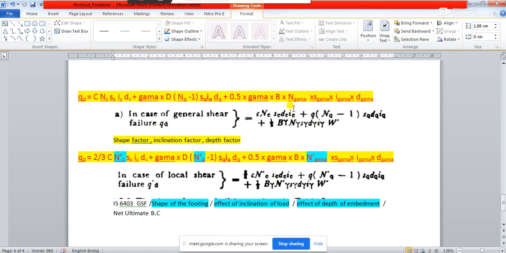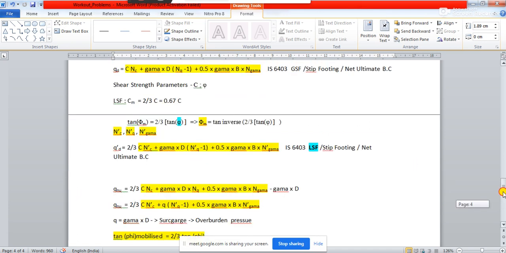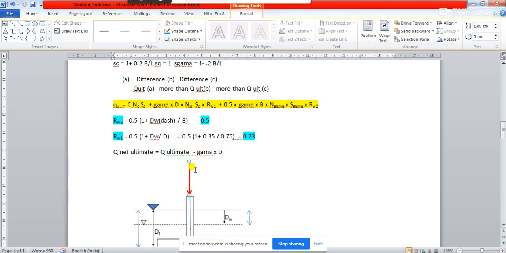That means IC, IQ, I gamma all become equal to 1. However, when the load is not acting vertically but somehow inclined to the column axis, then you will have to find the value of the inclination factor.